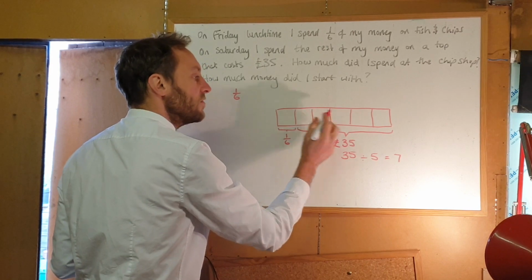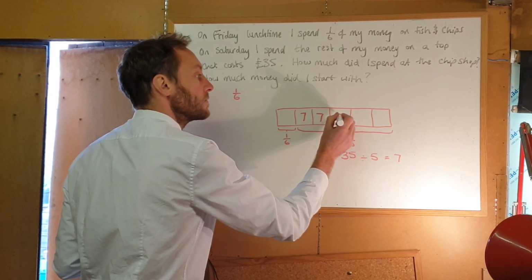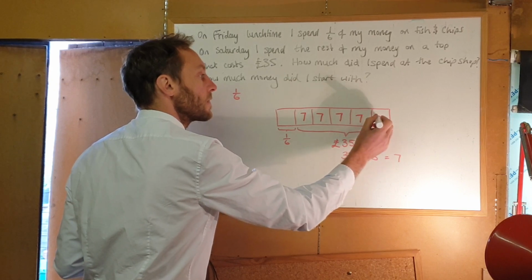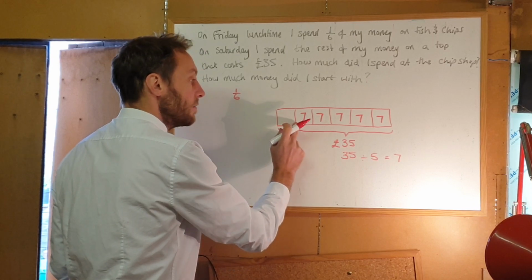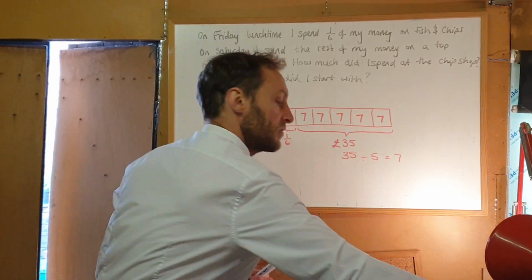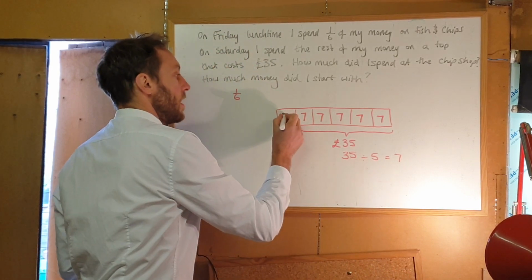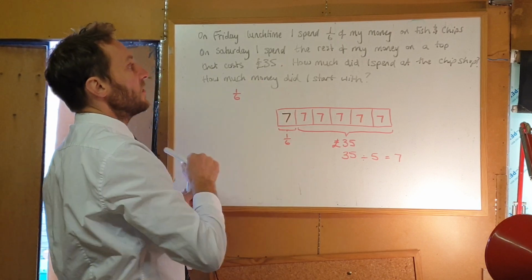So I know that each of these blocks are worth 7. Now using my logic, because these are all equal size blocks, this one must also be worth 7. So that answers my first problem.